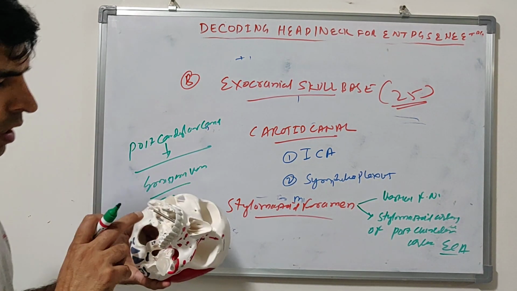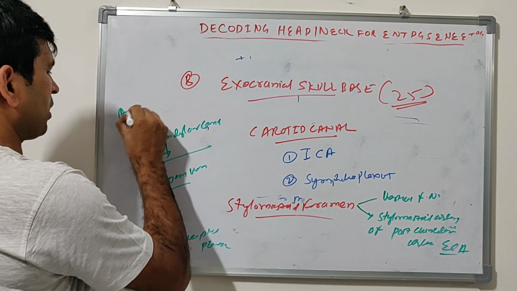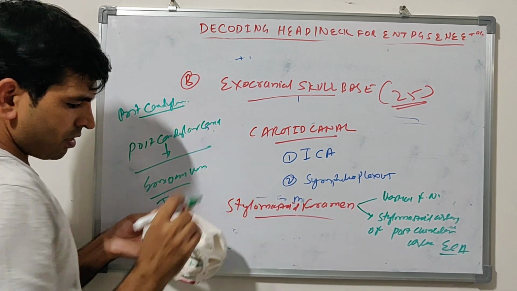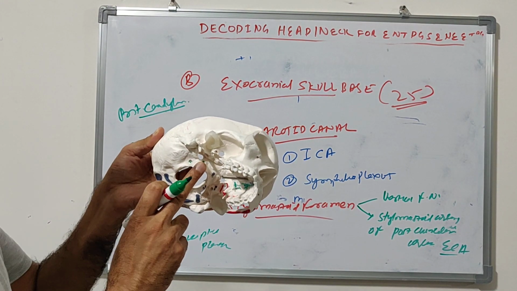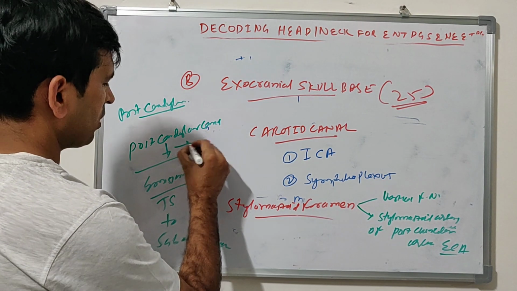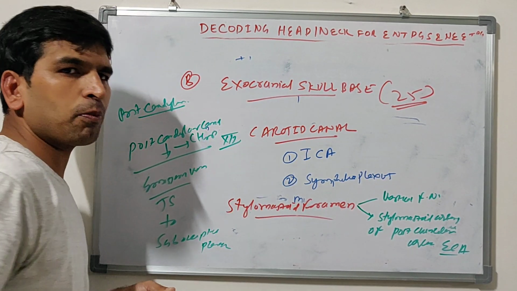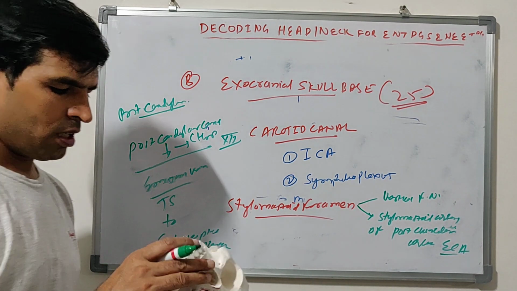Okay. Now the hypoglossal canal is anterior to the condylar process of the occipital bone. The structure passing through this is the hypoglossal nerve or an emissary vein.